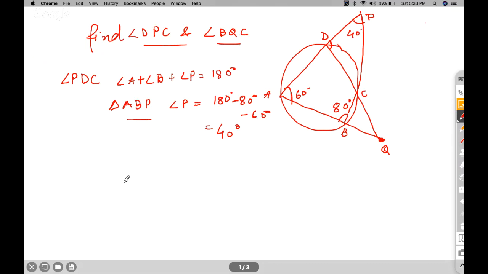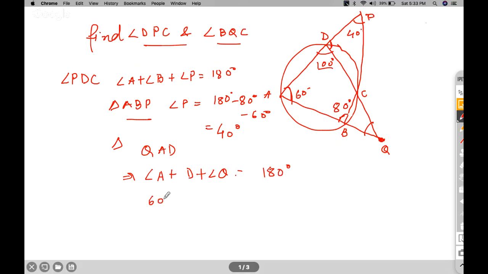Now I have to find out angle BQC. This one I have to find out. So what is this angle? This angle is 80, so this angle would be 100. So in triangle QAD, angle A plus angle D plus angle Q is equal to 180 degrees.